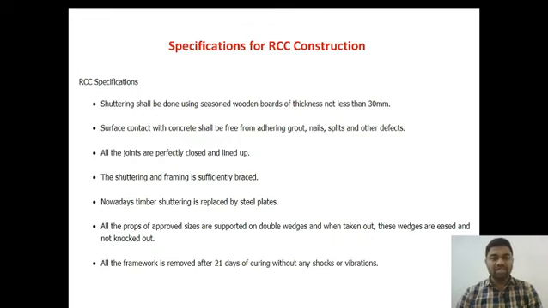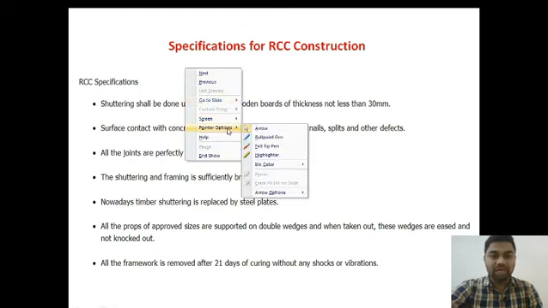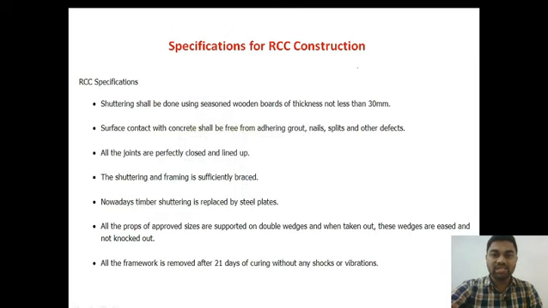The specification for RCC: first of all, shuttering shall be done using seasoned wooden boards of thickness not less than 30 mm. Shuttering, in the sense of formwork for laying the concrete slab, means we need to place the shutters. These formworks are nothing but shutters.